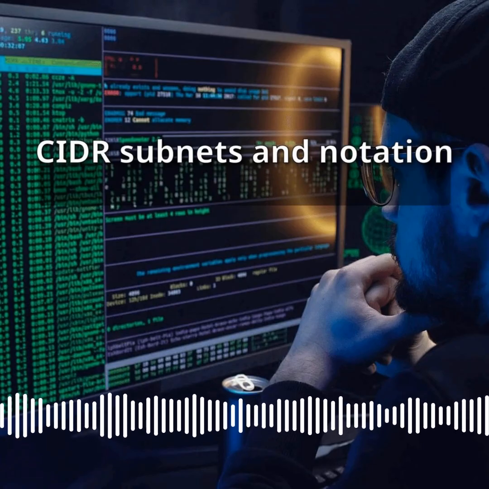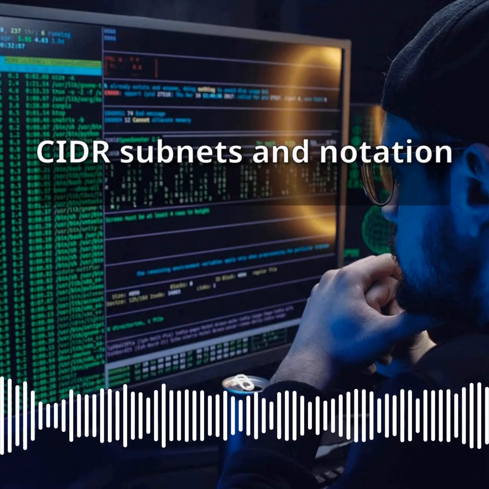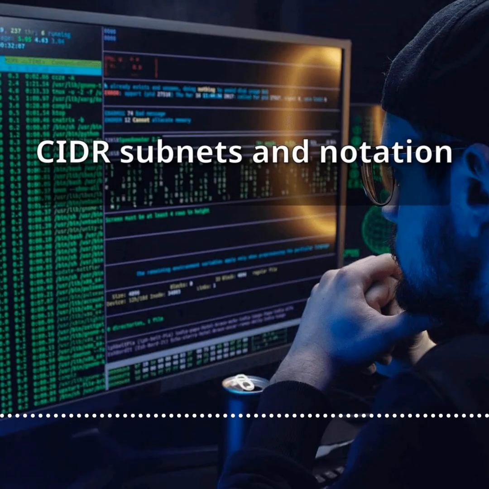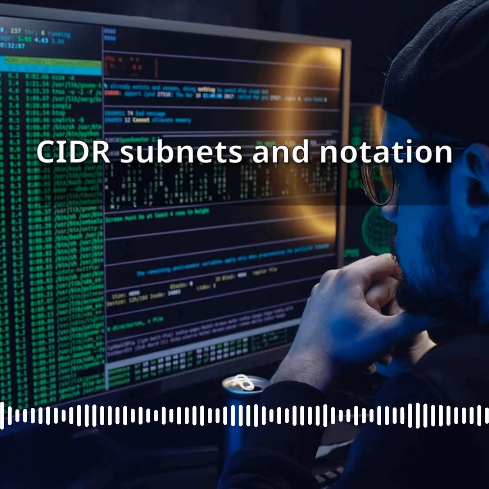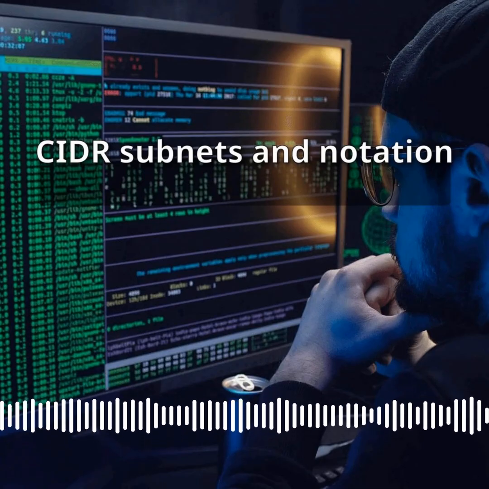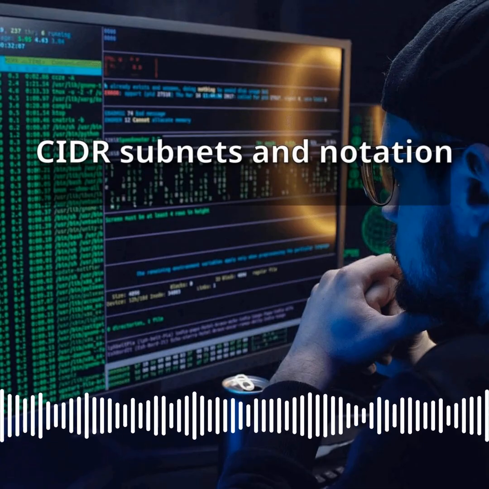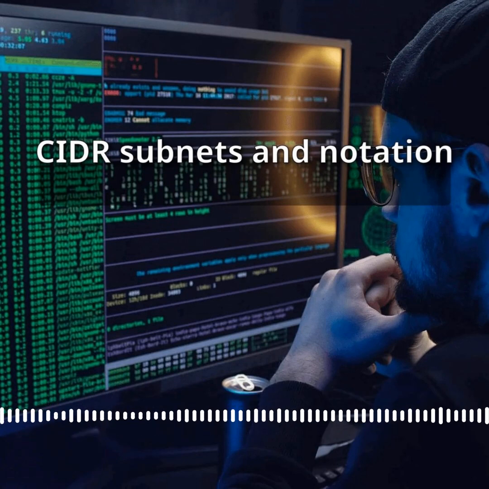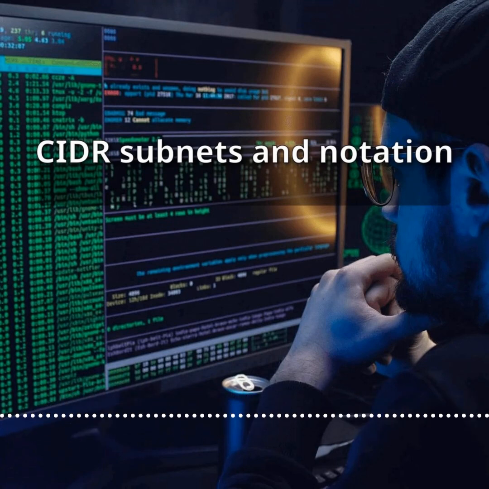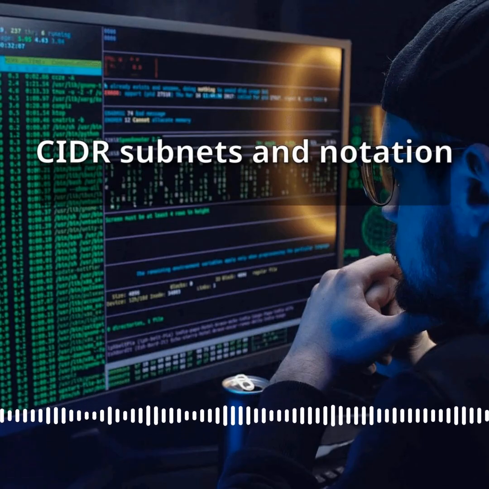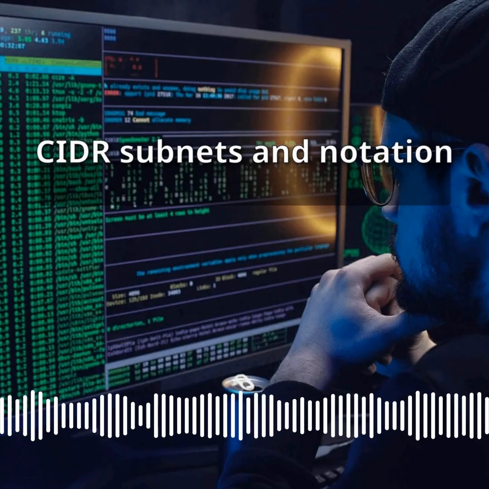Misreading a CIDR notation in a penetration test can mean scanning outside the authorized perimeter, with serious legal consequences. Mastering CIDR and subnetting gives you a precise and professional understanding of network boundaries. Whether you're analyzing traffic captures, configuring firewall allow lists, setting up secure container networks, or reading a penetration test scope document, this knowledge is not optional. It is the foundation on which all network security work is built.